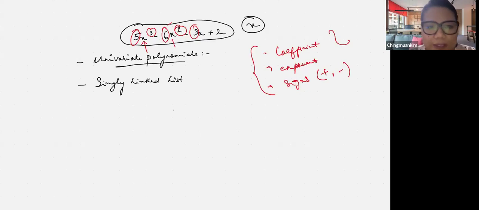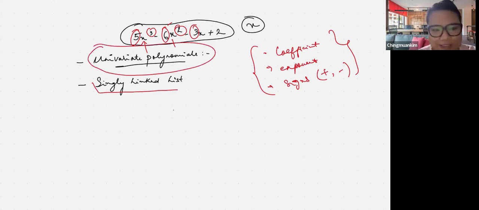So these are the properties of a polynomial. Now we see another term, singly linked list, and the question is asking us to store this in a singly linked list, right? So how is it possible to store this in a singly linked list? I have already defined what a univariate polynomial is. A singly linked list, as we have talked about, is a collection of different nodes, right? There can be n number of nodes.